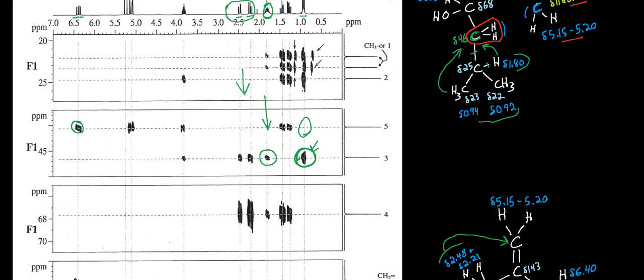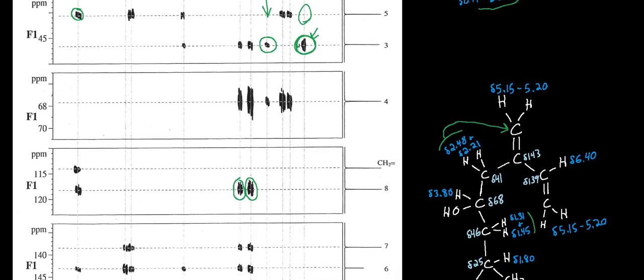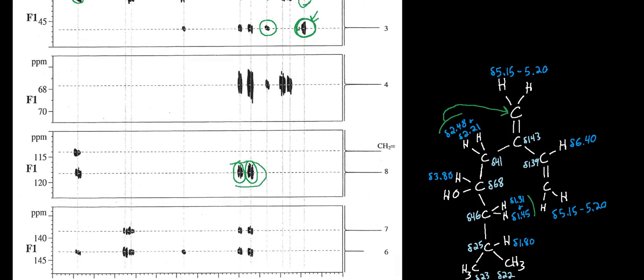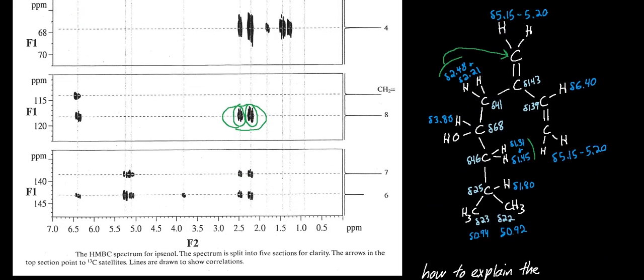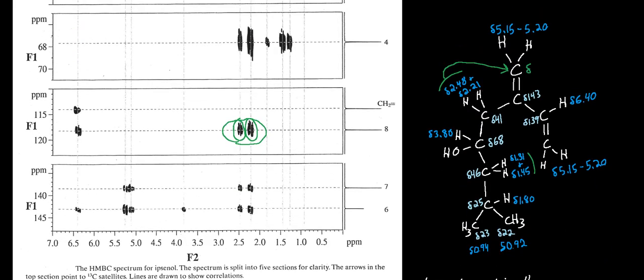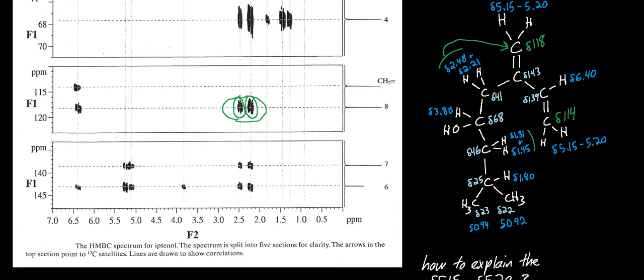They correlate down to, notice, both of them to 118 and not to 114, is it? So that basically shows us that this carbon here is delta 118, this carbon here is delta 114, and now we have every single atom assigned except for this weirdness between 5.15 and 5.20, and we can try to explain what that signal is.